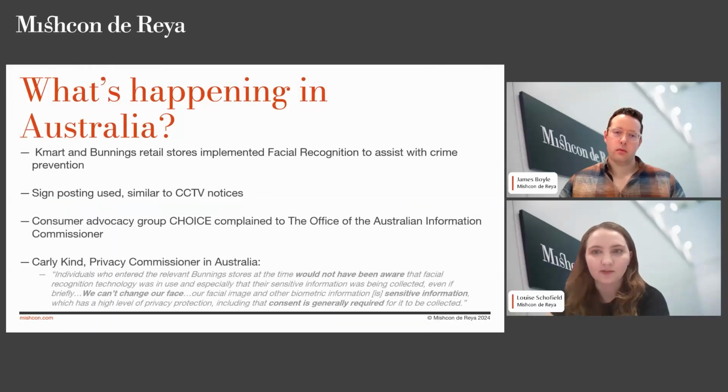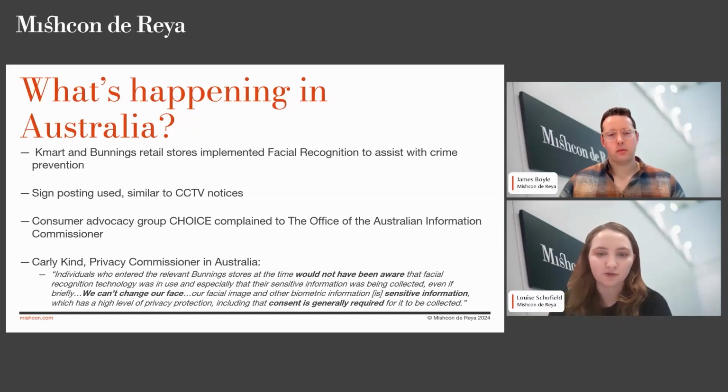I'm quickly going to talk about what's happening in Australia, because of two stores there, Kmart and Bunnings. Kmart is a kind of grocery and home goods store, and Bunnings is similar to stores here like Screwfix or Homebase; it sells hardware goods. They implemented facial recognition technology very much in the way that you saw in our first case study, and used signposting.